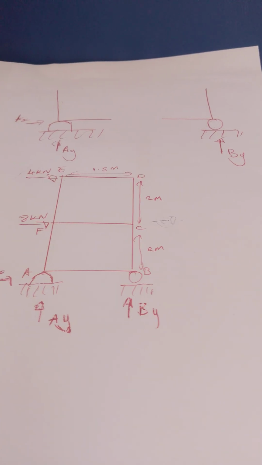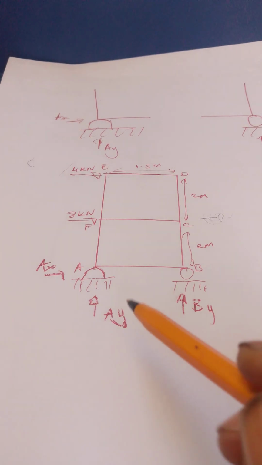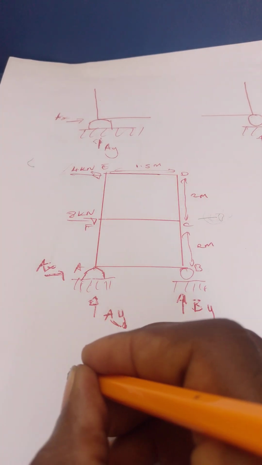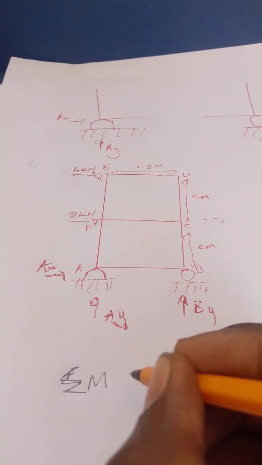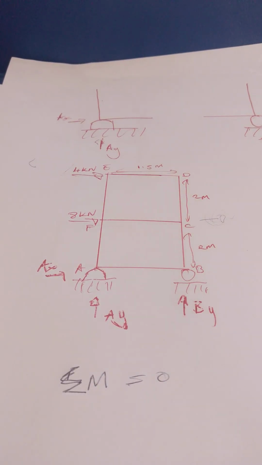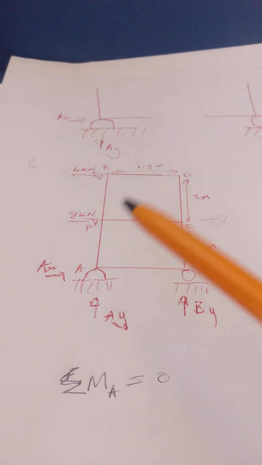From here you apply the equations of equilibrium if required. Here I'll say the summation of the moments is equal to 0. I'm going to take moments at point A. Why point A? Because we take a point where most of the forces are passing through, a pivot.